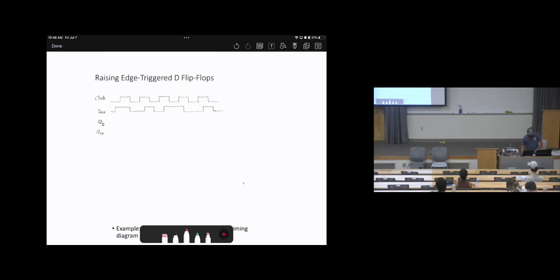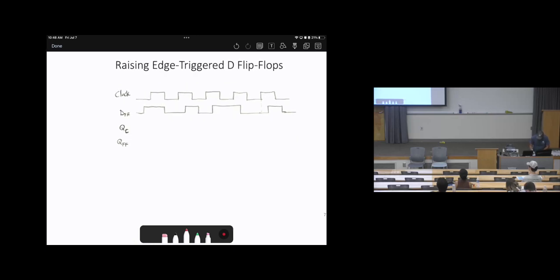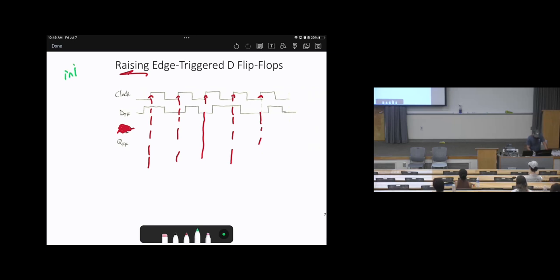Okay, what else? Let's assume we have a rising edge flip-flop with the same scenario that we discussed before. So rising edge, look at all of these, rising edge. Then look at where the update will happen. Okay? Then here, there is an update happening. Let's say the initial condition is 0.